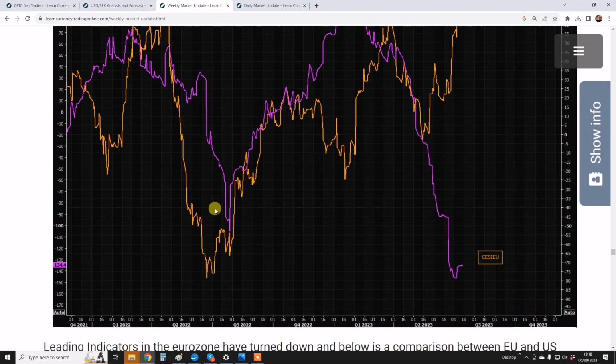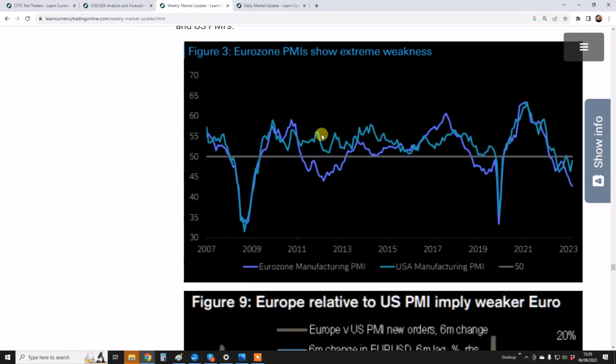Now, in terms of the economy, the market is looking for the eurozone to avoid recession. It just isn't going to do so. You can see PMIs here, leading indicators in the economy. They're showing extreme weakness. That is the blue line. US manufacturing PMIs are the green line.